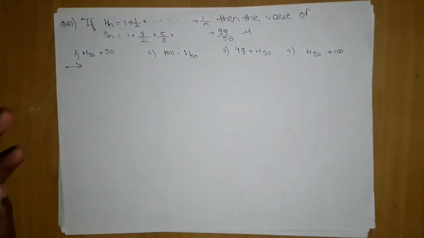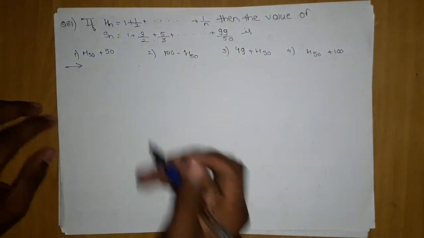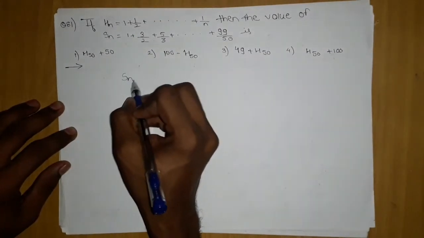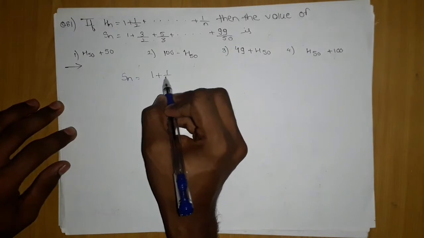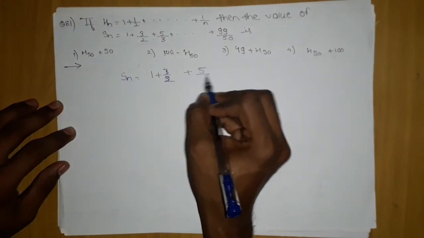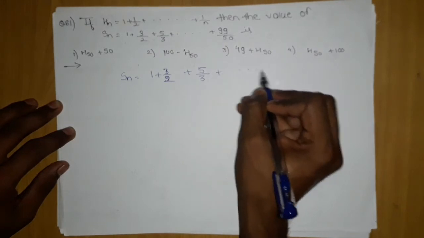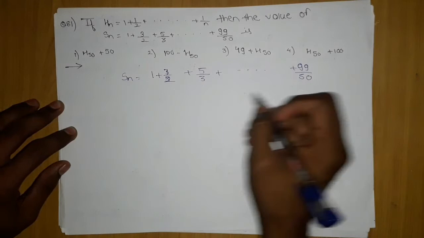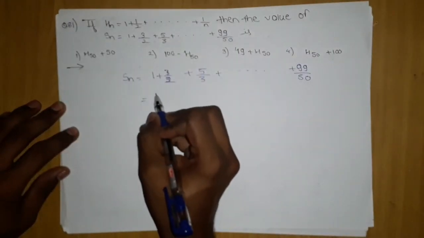So here, this is my Sn: 1 plus 3 by 2 plus 5 by 3 plus and so on till 99 by 50. I want to bring Hn. So can I do this manipulation?